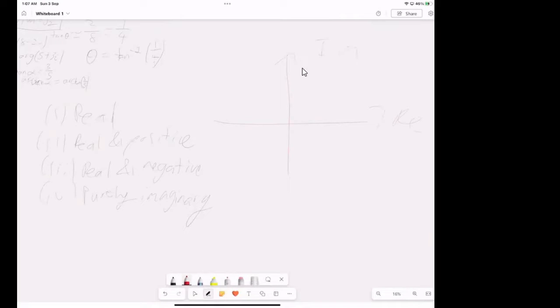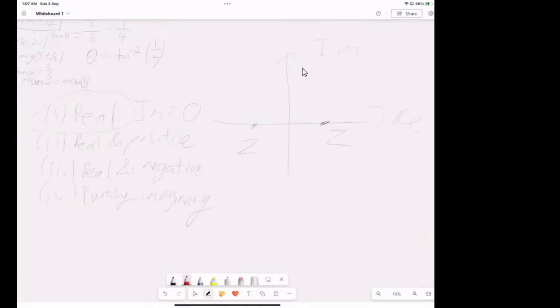So let's look at the first case, case 1, real. Real means that the imaginary component is 0. It means that the number z has to be here, or here, because it can be positive or negative, as it's just real.